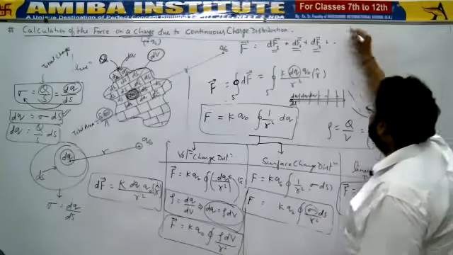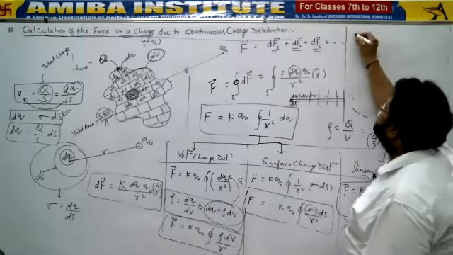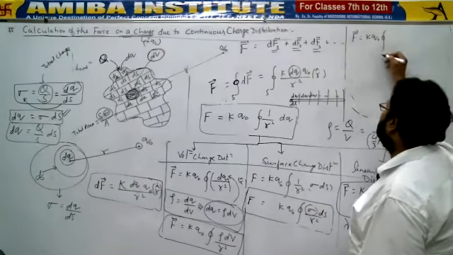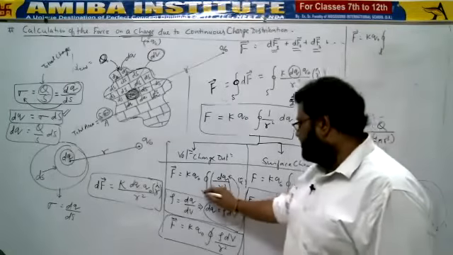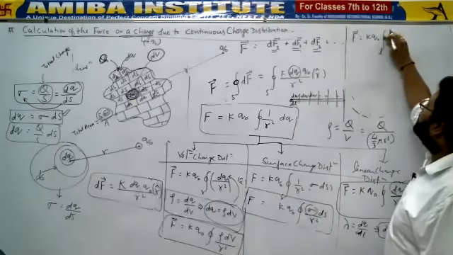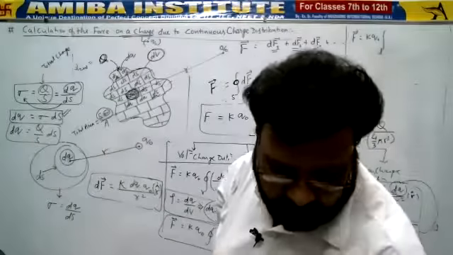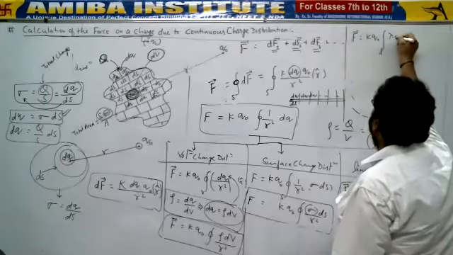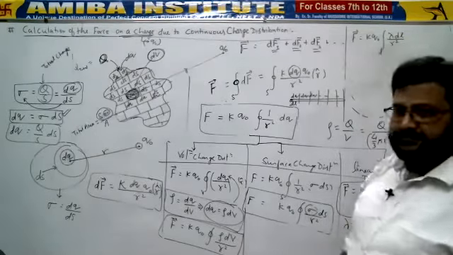I'm writing it here: F vector is equal to K Q naught linear integration. This was surface integration, this was volume integration, this was linear integration. This is not a closed surface, so simply L. And instead of dq, lambda dl upon r square, right?